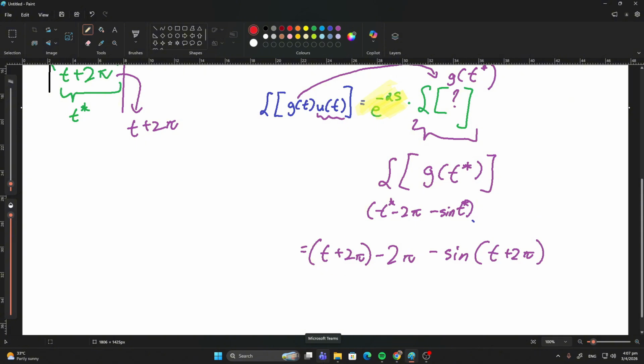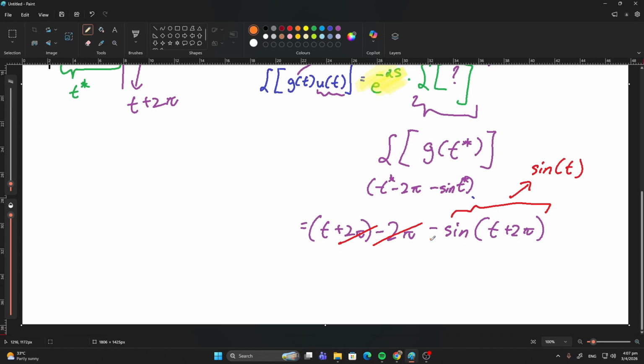So we know that the 2 pi can cancel each other. And we know that 2 pi is also one whole cycle. So essentially this just becomes sine t. So if I were to simplify it, it becomes t minus sine t. And remember, I sub it back into my Laplace, so it's basically solving for this.